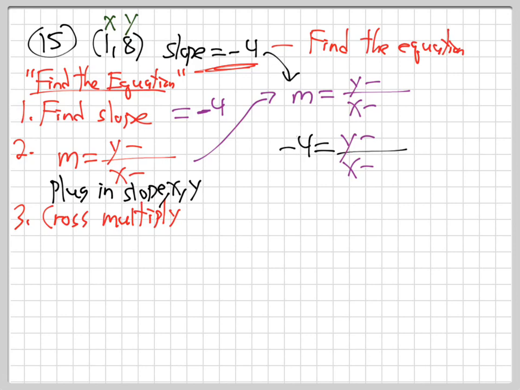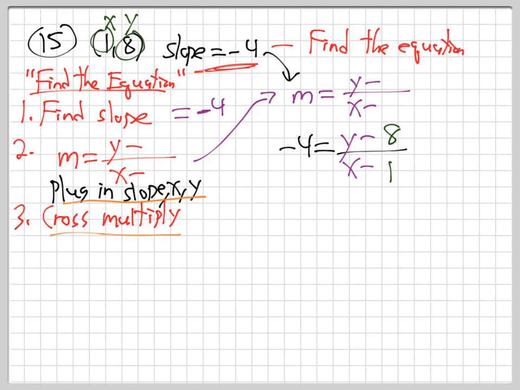So stick the x number behind the x and the y behind the y. Does that make sense? I just took that x and put it right behind the x, grabbed that y, and put it right behind the y. All right, so that's step 2. I plugged the slope, the x, and the y into that formula.